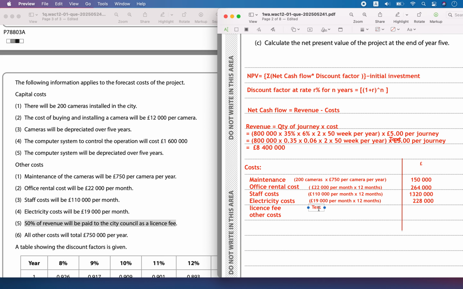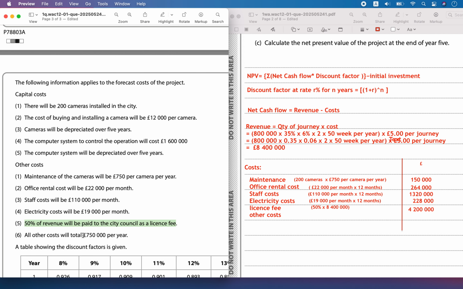So 50% of 8,400,000 is equal to 4,200,000. Nearly half of it you will have to pay as a license fee.